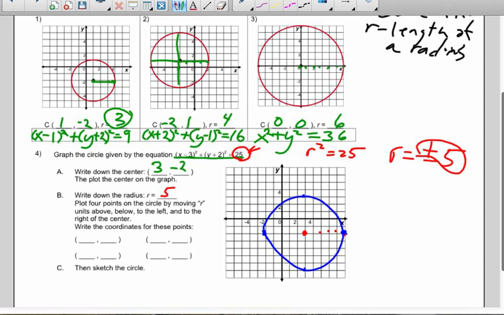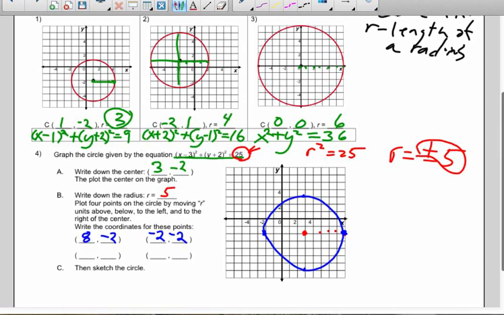All right. Now I'm going to write down the coordinates for these 4 points. So for this point over here, my x-coordinate started at 3, added 5, it goes out to 8, and negative 2. And then I went back 5, so I went to negative 2, negative 2.